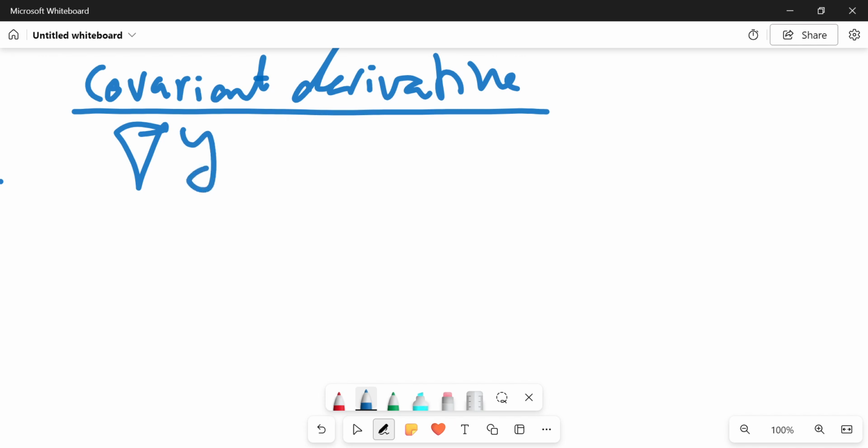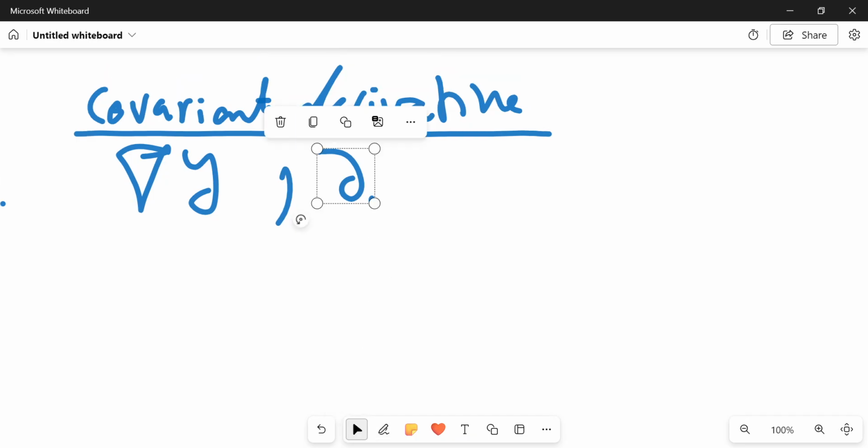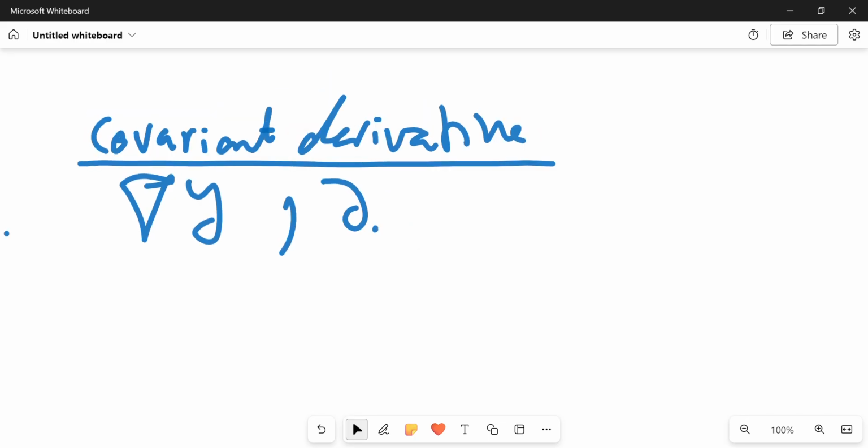This is the nabla symbol to show that this is tensorial, to distinguish it from dy.